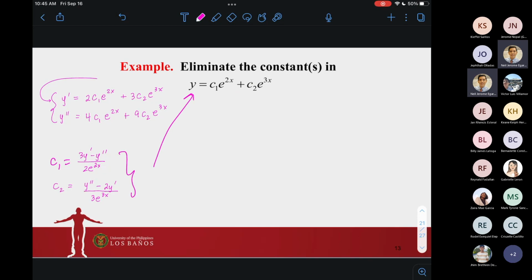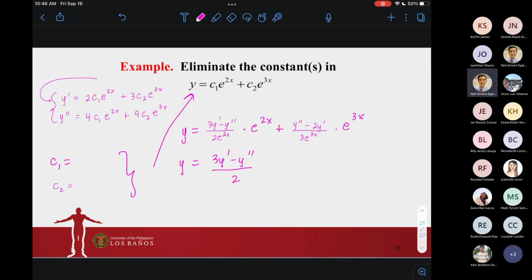So what I'll have is y equals C1, I'll just copy this over, times e to the 2x plus C2 times e to the 3x. And then I can simplify. I'll get 3y prime minus y double prime all over 2 plus y double prime minus 2y prime all over 3. And that's going to be it, right? All you need to do is to just simplify it.